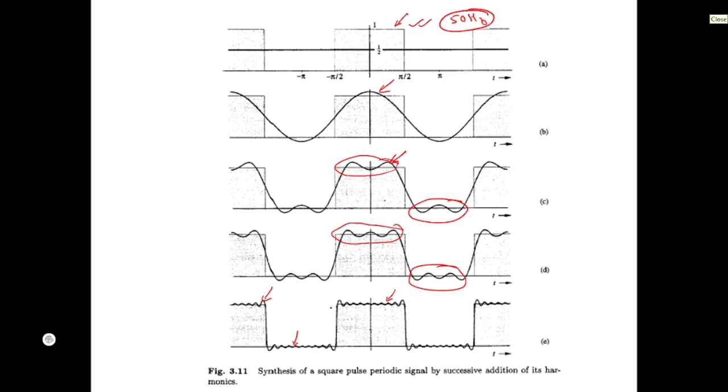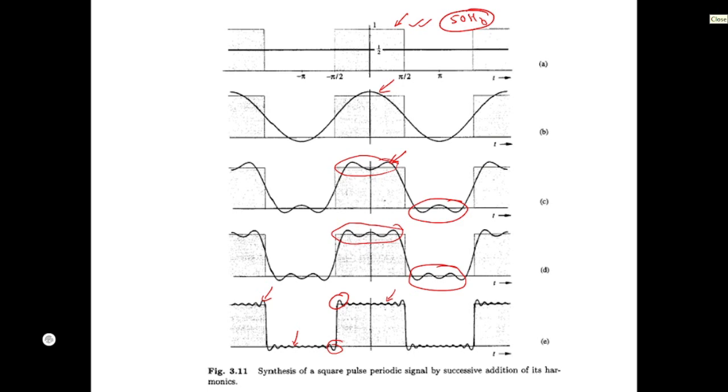These ripples are quite prominent at the discontinuities, and this phenomenon is regarded as the Gibbs phenomenon. It is a deviation from the ideal signal when it is reconstructed using a series of sinusoids.